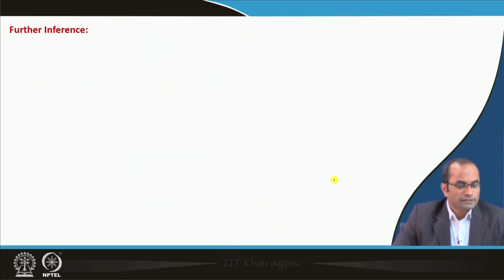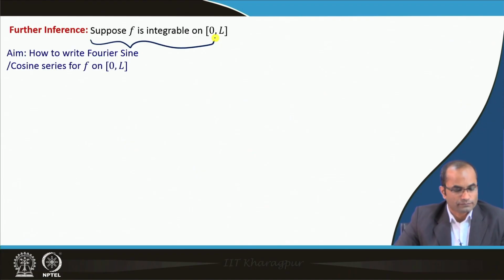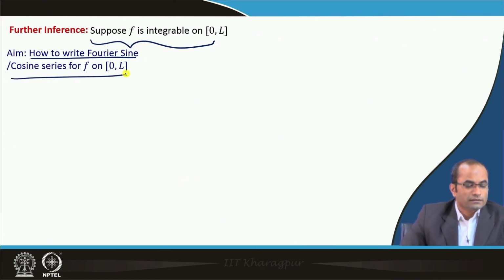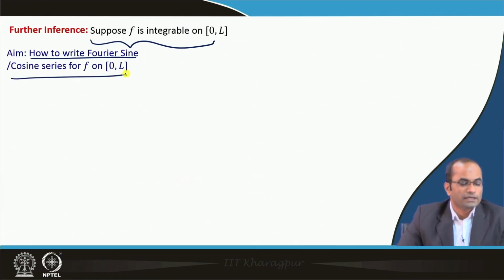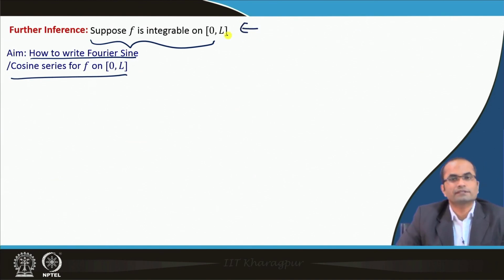The further inference we can deduce: suppose this f is integrable, and our aim is to write, for instance, the Fourier sine or cosine series. So, here the scenario is different now. Suppose f is given, it is piecewise continuous or integrable, both ways we can write down the Fourier series.